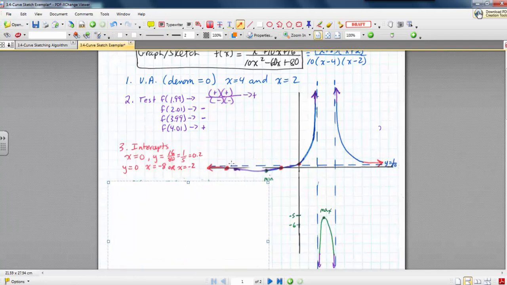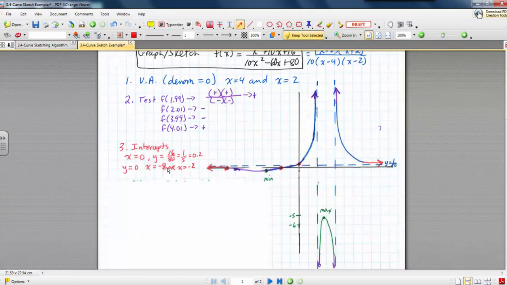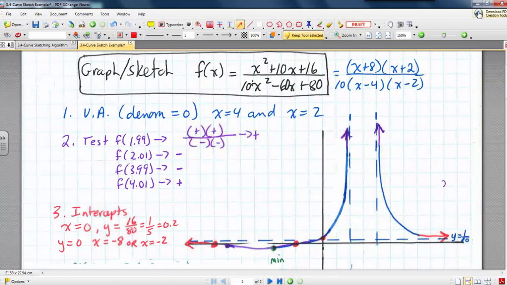Continuing on then, on my algorithm, the third step says determine any intercepts that you can. The intercepts in this case are fairly easy. I can make x equal to 0 and solve, and in this case this version of the equation is a bit easier. 0, 0, 0, 0, I get 16 eightieths, which is 1/5.